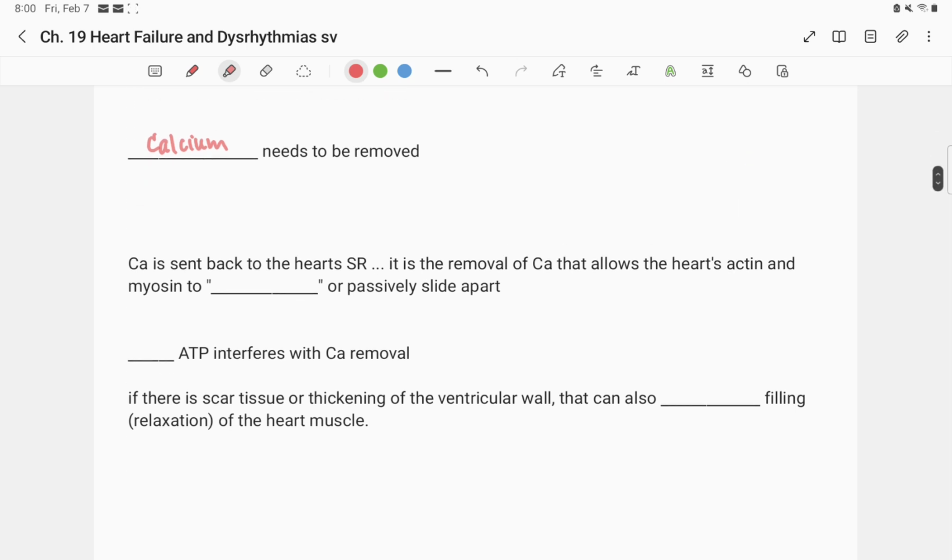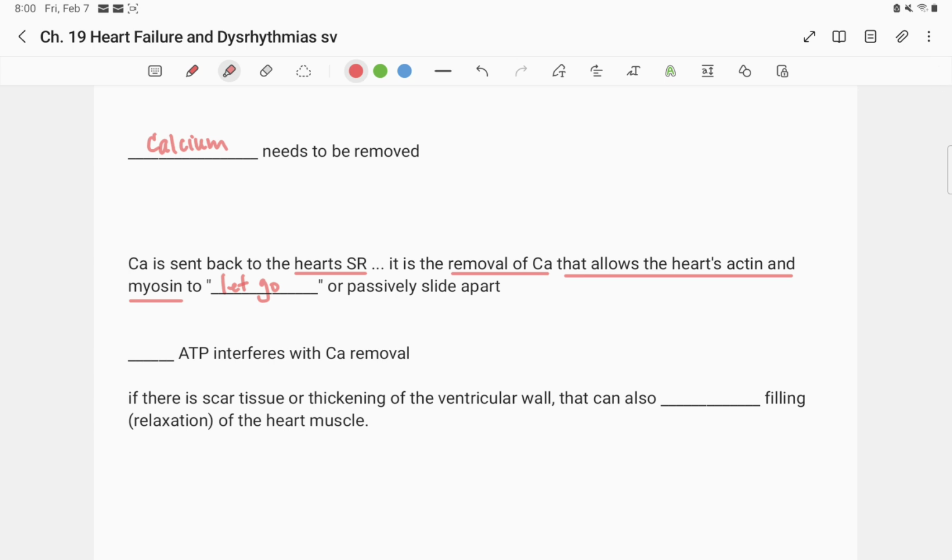So calcium is sent back to the heart's sarcoplasmic reticulum, and it's the removal of the calcium that allows the heart's actin and myosin to let go or passively slide apart.